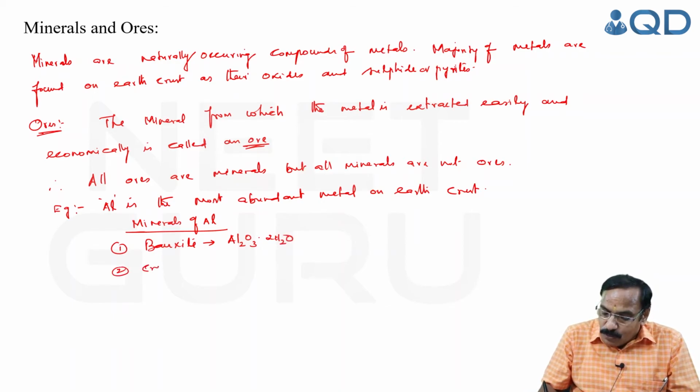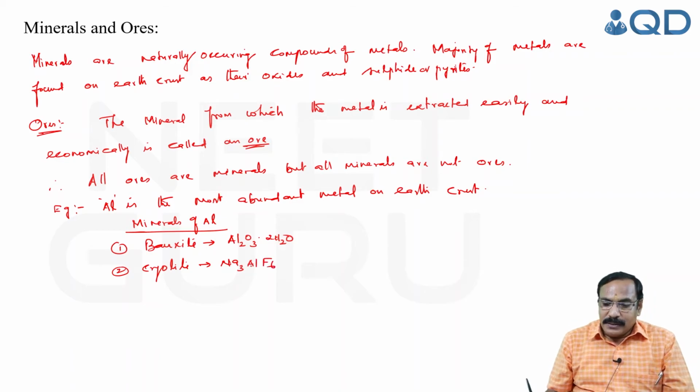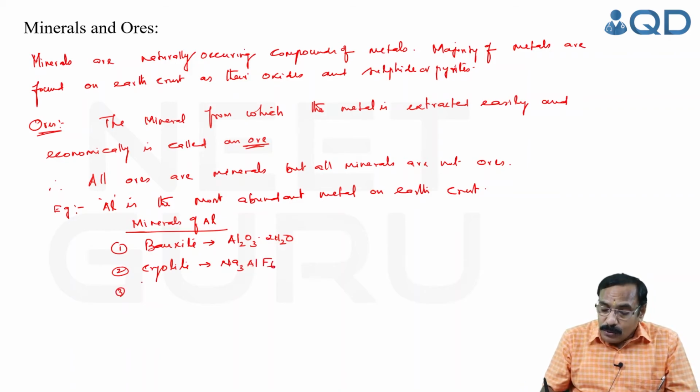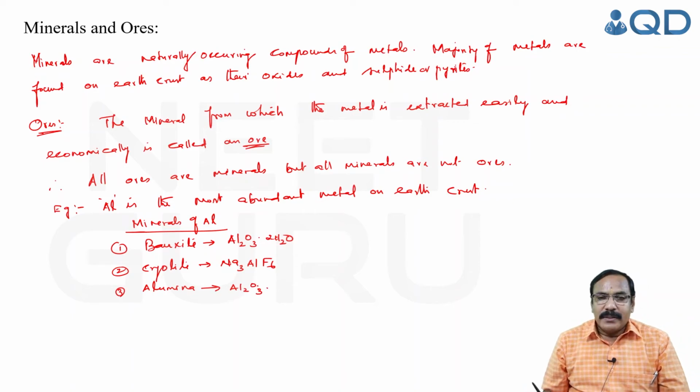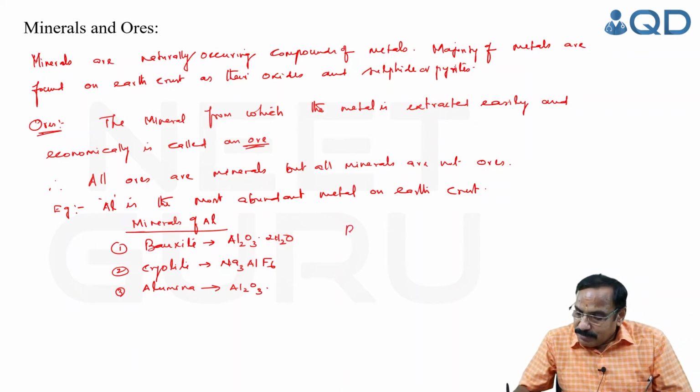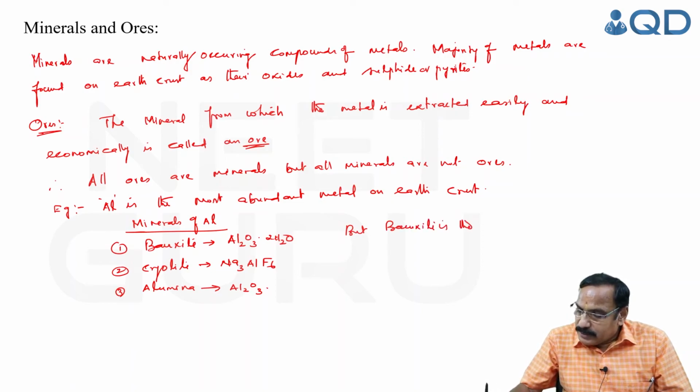Aluminium is also found as cryolite, Na3AlF6, and as alumina, that is Al2O3. Out of these, bauxite is the ore of aluminium.